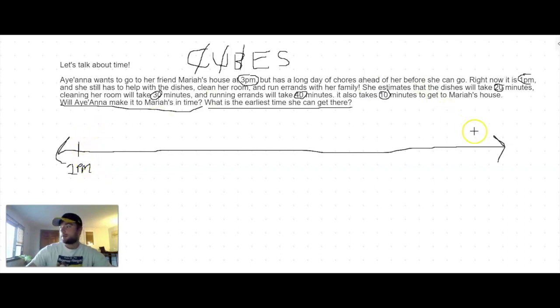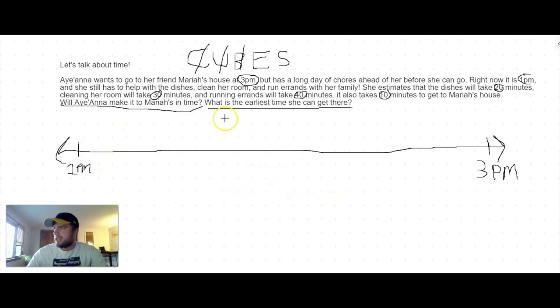And all the way at the end of our timeline is the time that we want to get to Mariah's house, 3 p.m. So we have to figure out if all of the chores and stuff that Ayana has to do can fit in that time, and to see how quickly she can get to Mariah's.